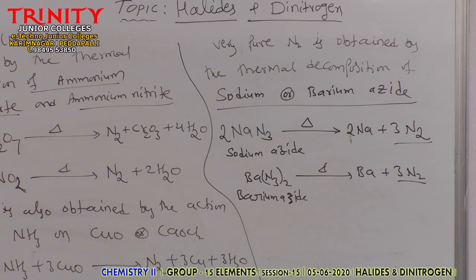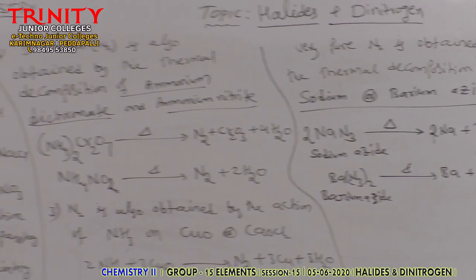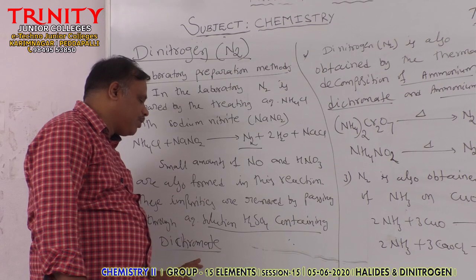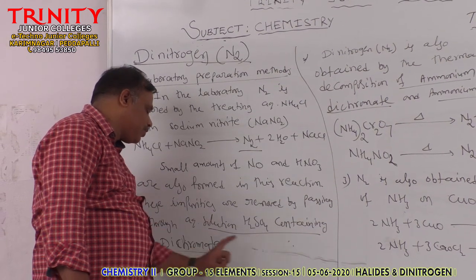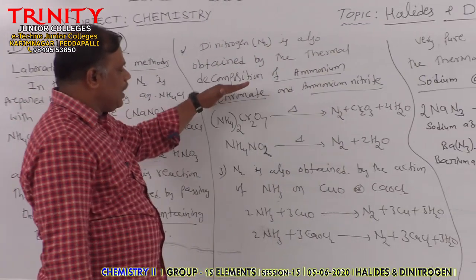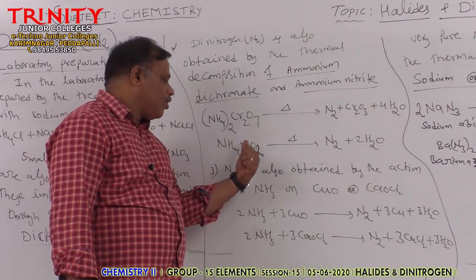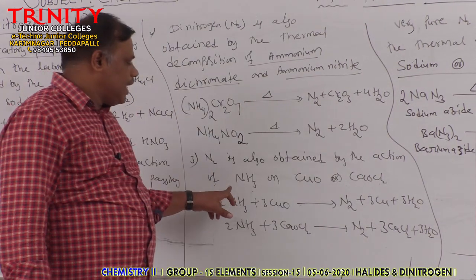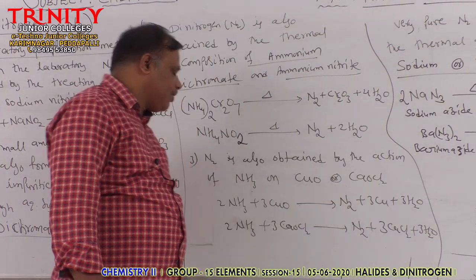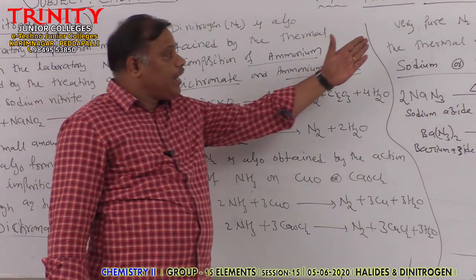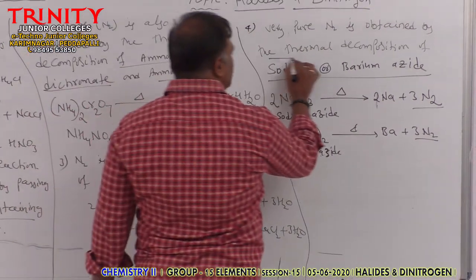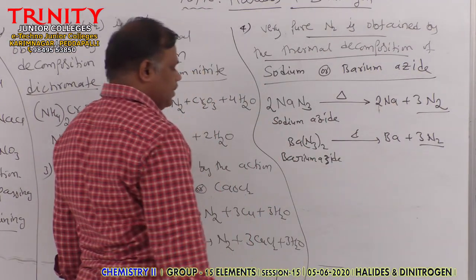So in the laboratory, nitrogen is obtained by treating aqueous ammonium chloride with sodium nitrite. A small amount of NO and HNO3 are also formed as impurities, removed by passing through aqueous H2SO4 containing dichromate. It is also obtained by thermal decomposition of ammonium dichromate or ammonium nitrite, by the action of NH3 on CuO or CaOCl2, and very pure nitrogen by the thermal decomposition of sodium or barium azide.